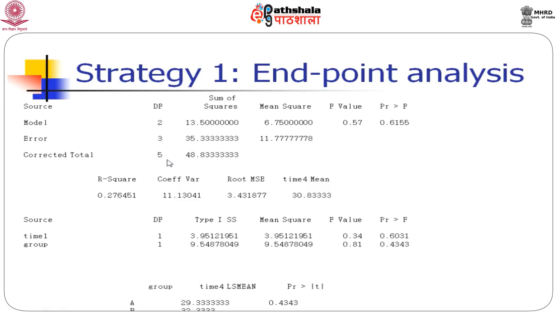You get 5 total degrees of freedom, and you can compute the sum of squares and other things: the sum of squares due to time, the sum of squares due to group, all these things. And also at time point 4 you can compute the least square means for A and B, and then compute the Student's t statistic for drawing your inference.